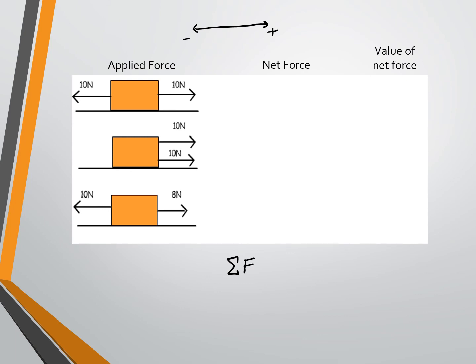So if I look at this top one here, I have 2 forces. There's a couple of different ways you can go about doing it. You can do all the negative ones first, and then do all the positive ones. You could do all the positives, then all the negatives. Either way is okay.